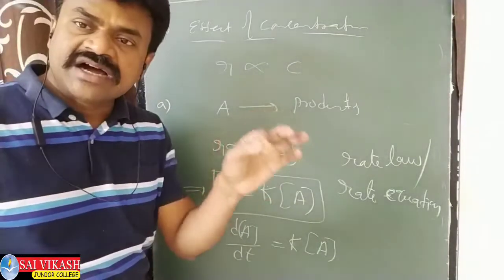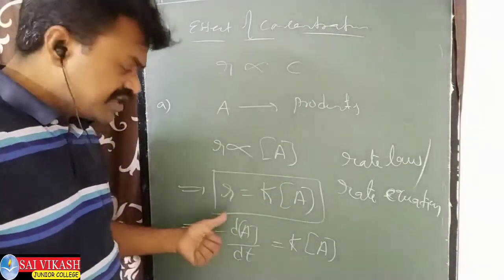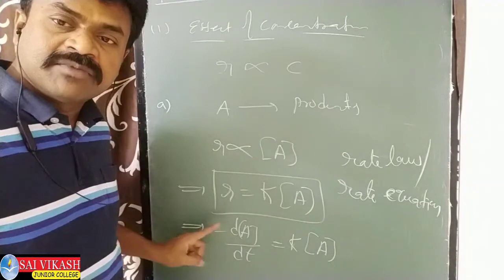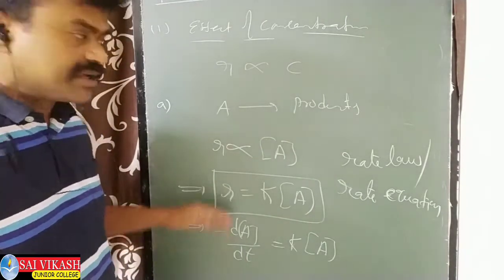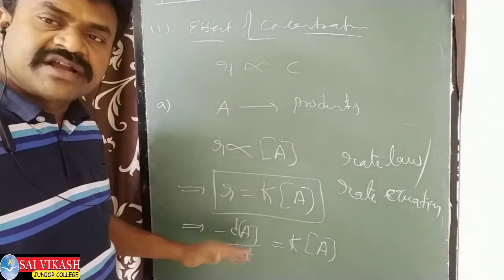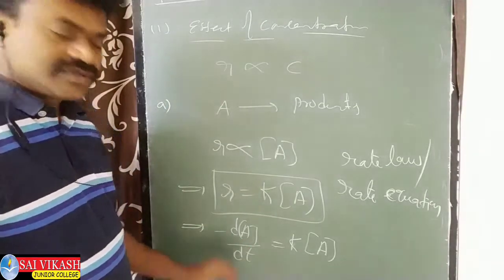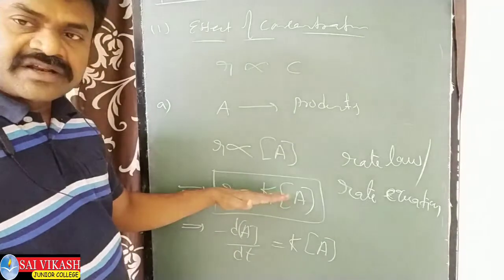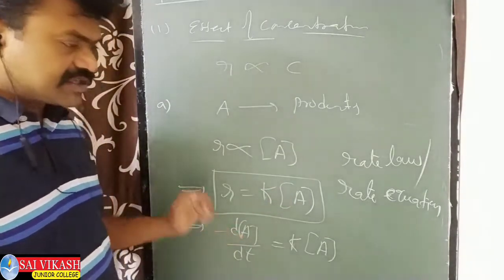How to write the rate, I told you already yesterday: change in the concentration by change in time. Why have I written minus here? Because the reactant concentration decreases. So we write minus here.